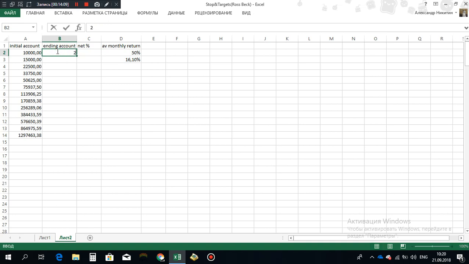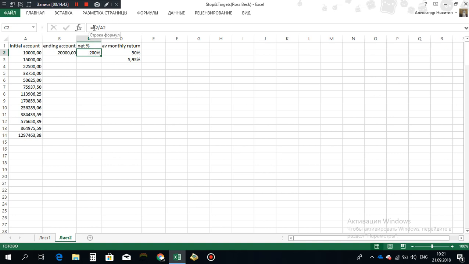It should be this. 20k, your ending account, and of course it equals this divided by this, and you will see it is 200%. 200% means that you multiplied by 2, but it is actually 100% above your initial account, so we can calculate it this way.